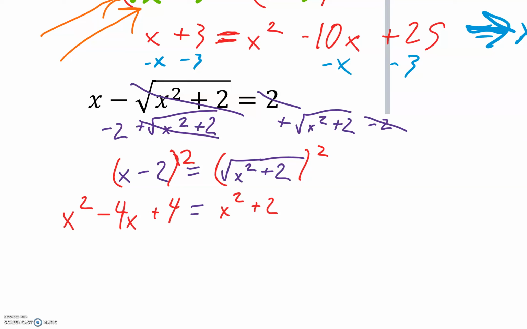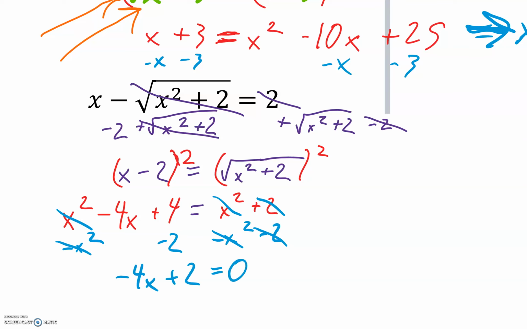And now if we move the x squared plus 2 over, let's use a different color for this. Minus x squared minus 2, minus x squared minus 2. That means it'll cancel here, here, here, and here. So we're left with minus 4x plus 2 equals 0.